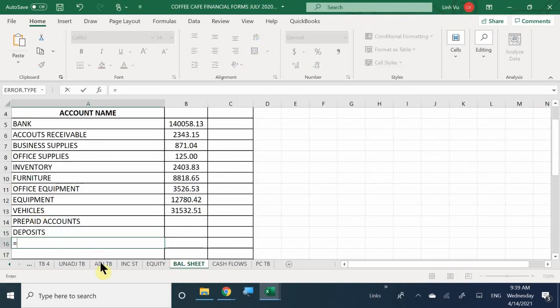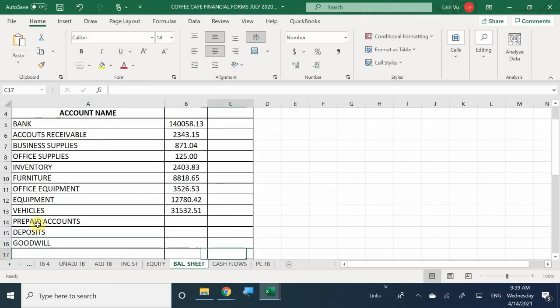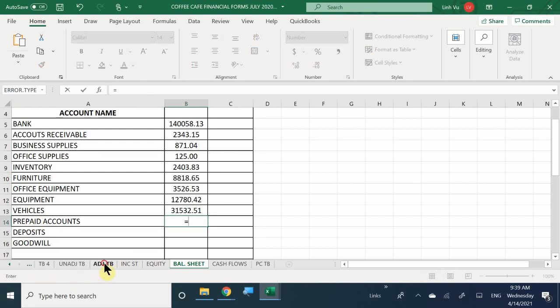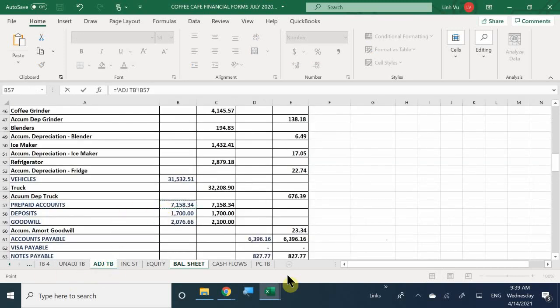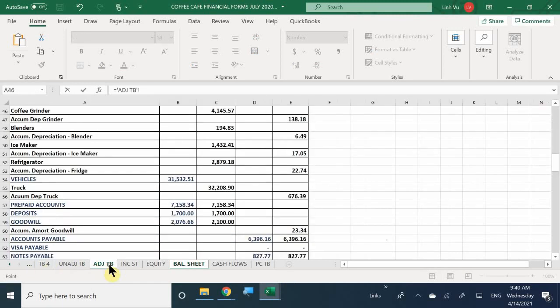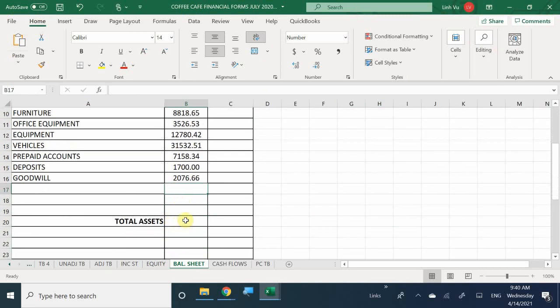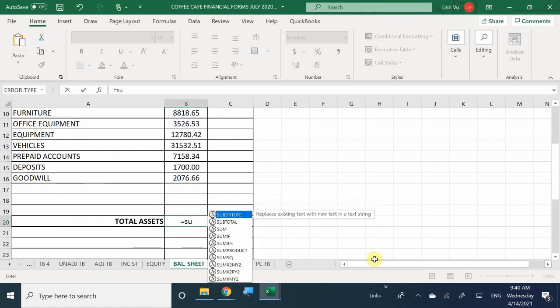And lastly, we should have goodwill. Okay. So again, my prepaid accounts should be the 71. We have our deposits for 17 and our goodwill for 2078 or 76. Okay. Go ahead and now tally up those totals in your total assets.